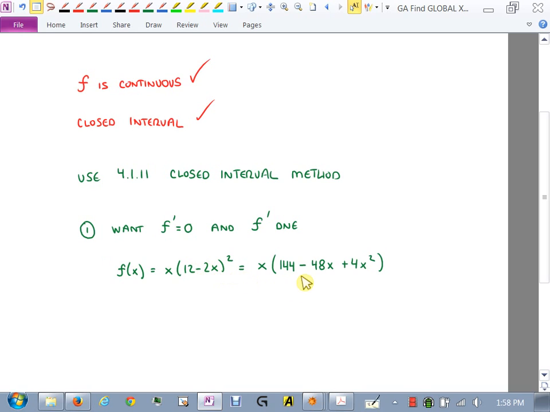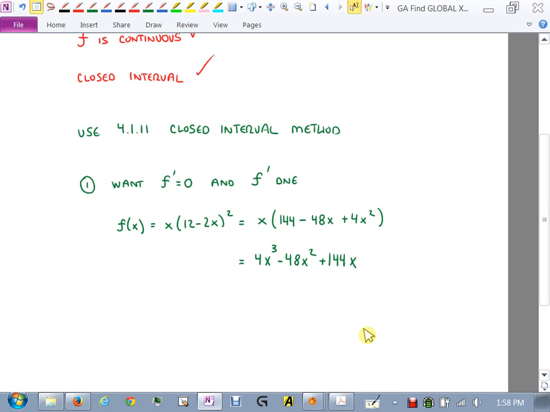If you did that, you should get this. And then I'm going to distribute an x through, and I think I'll put it in descending order. Okay?